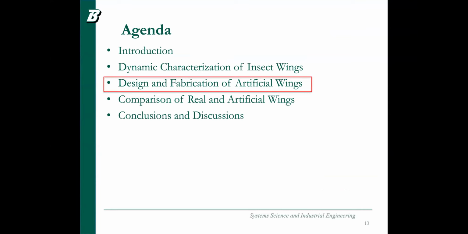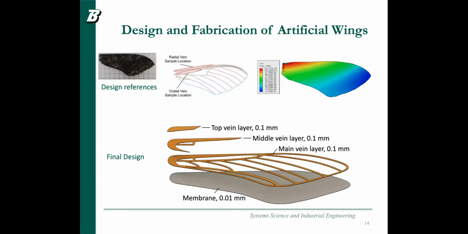Then we're going to talk about how, based on the characterization and some measurements, we do our design and fabrication of artificial wings. Because the wing has a lot of variance and is very special, this is one of the references we have.